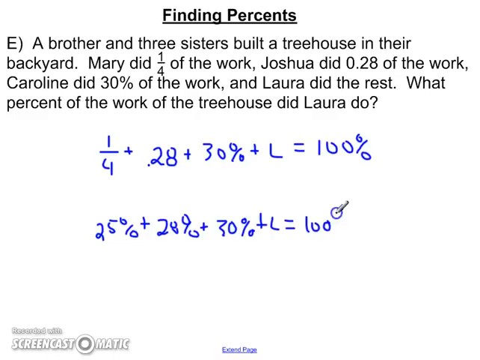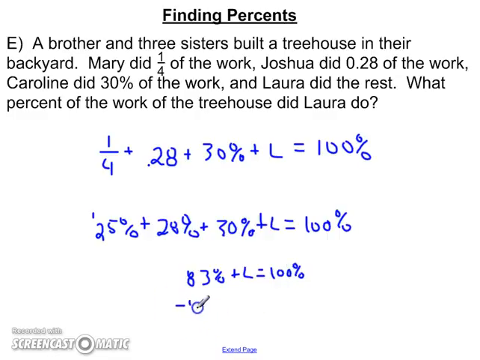Now you have choices of how you choose to do this. I'm going to add these 3 percentages together to figure out how much the 3 siblings did together. So 5 plus 8 is 13, carry the 1, 3, 5, 8. So the 3 siblings, minus Laura, did 83% of the project between the 3 of them.